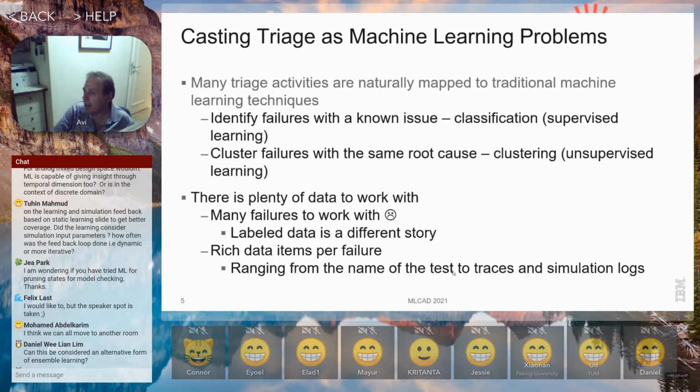So if we can add automation, either replacing the human triage with a machine learning system or even providing some assist tools to the human triager, we can improve the quality of the process a lot.